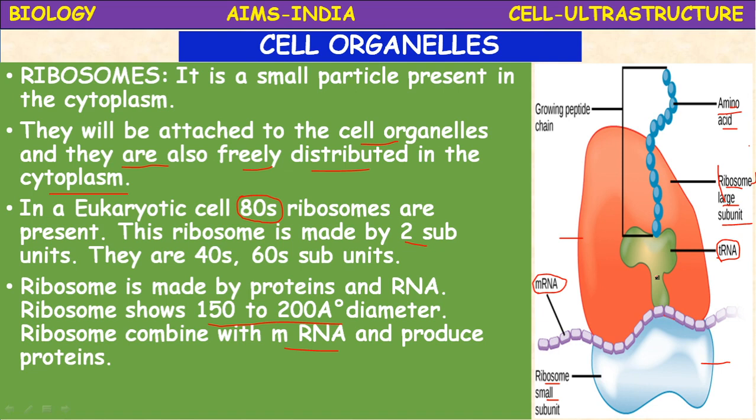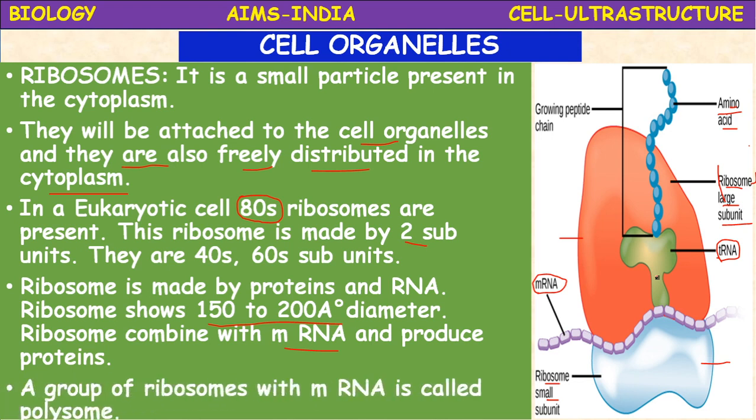So what is a protein? A protein is nothing but a peptide chain, amino acids combined to form proteins. A group of ribosomes with mRNA is called a polysome.